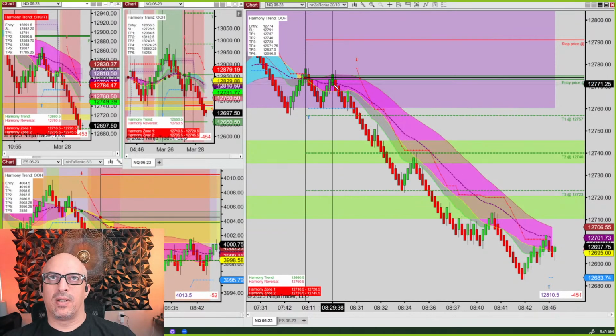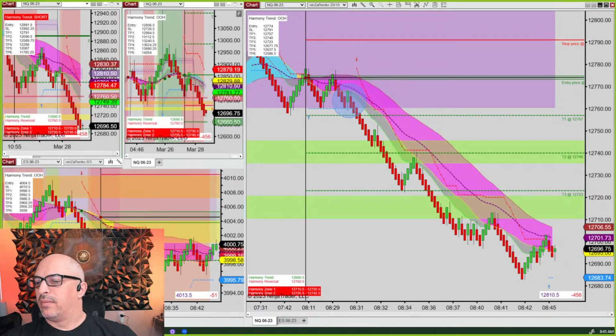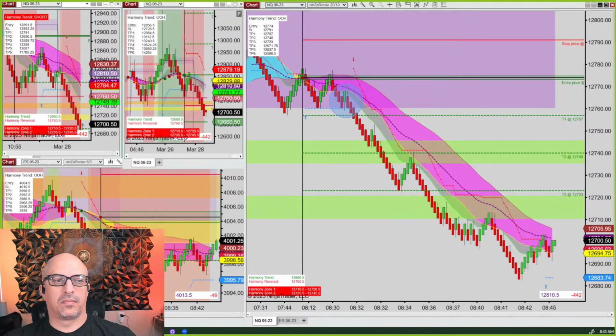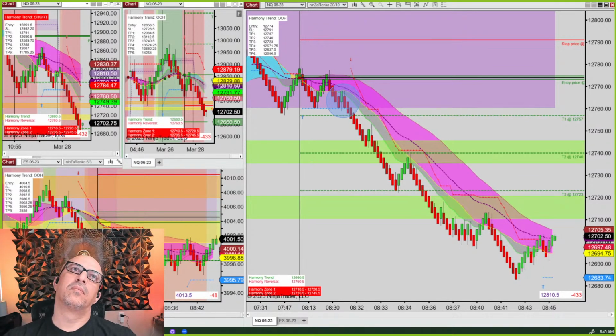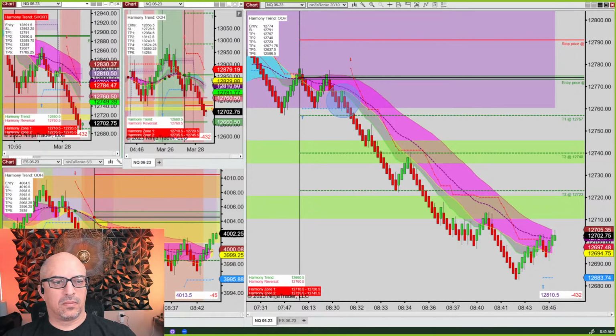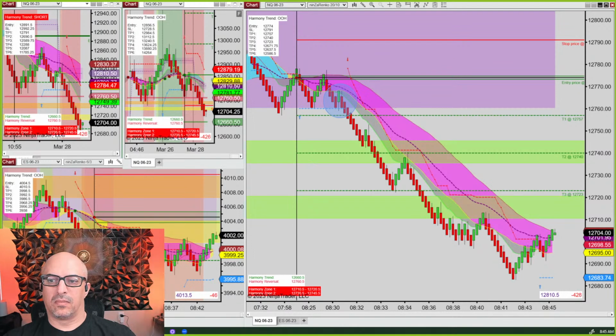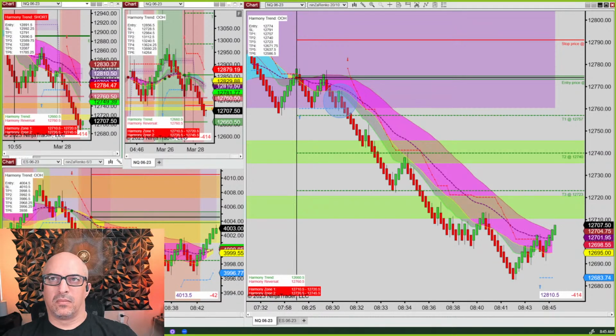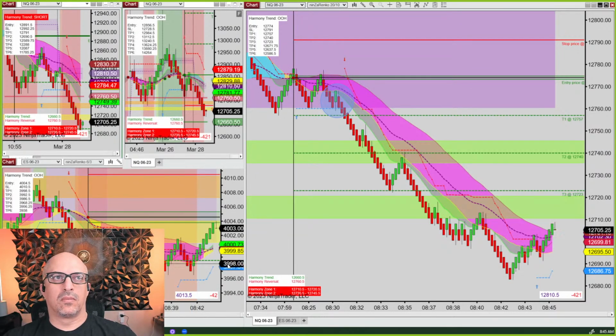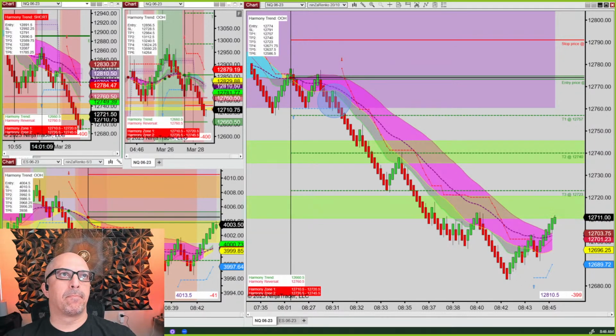The trade of the day so far is this right here. All right, coming up to the top end of the harmony zone on ES. 721.